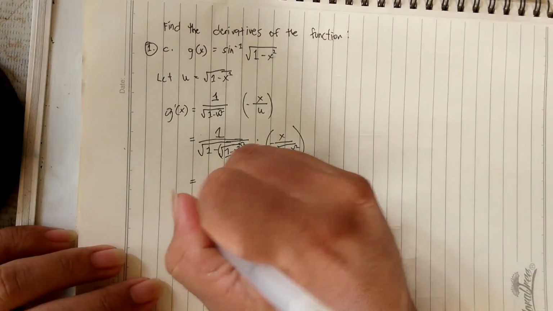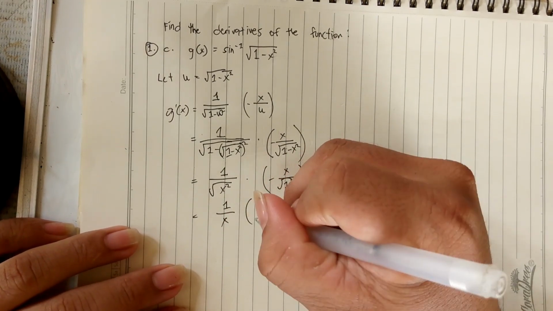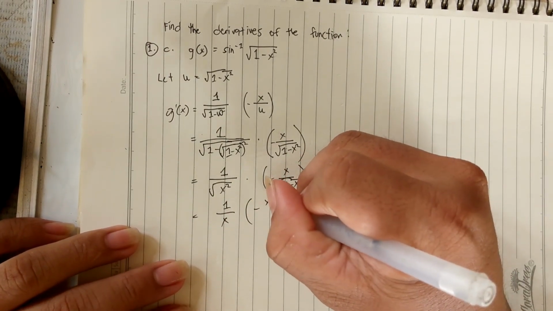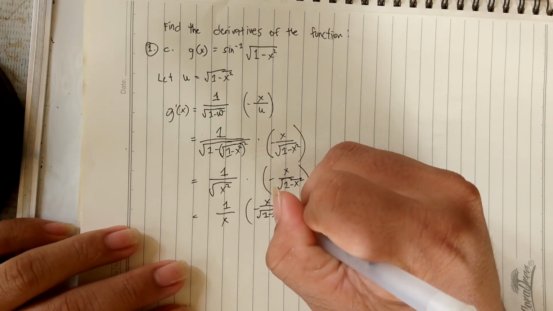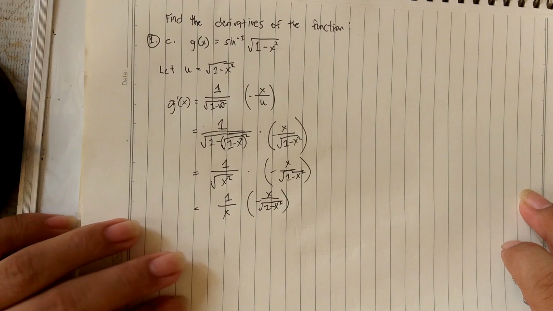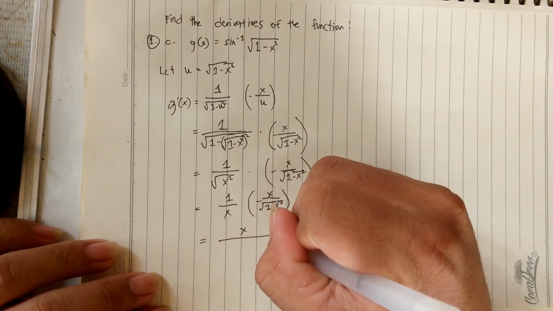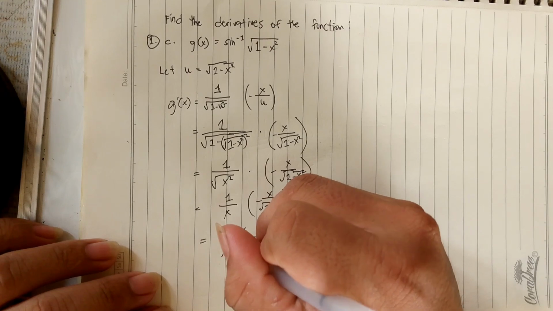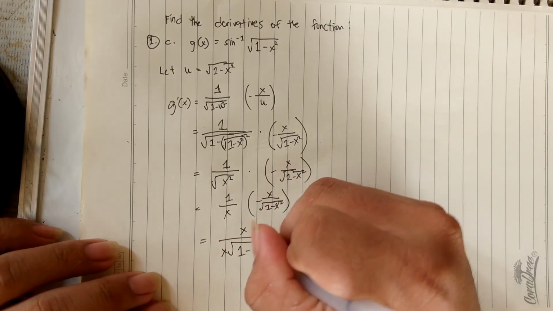Next, it becomes 1 over x, negative x over 1 over x squared. So we multiply, and it becomes x over x square root of 1 minus x squared.